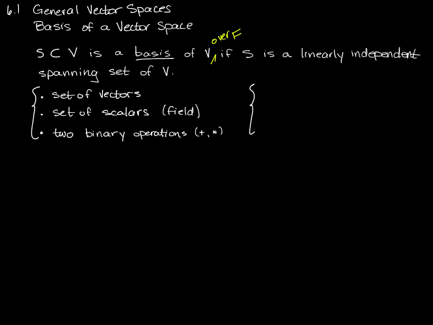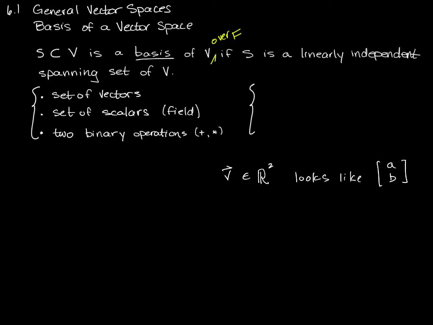The other reminder is that a basis can be reduced to a point where we call it a standard basis. For example, if I'm in R2, then a vector in R2 looks something like (a, b).